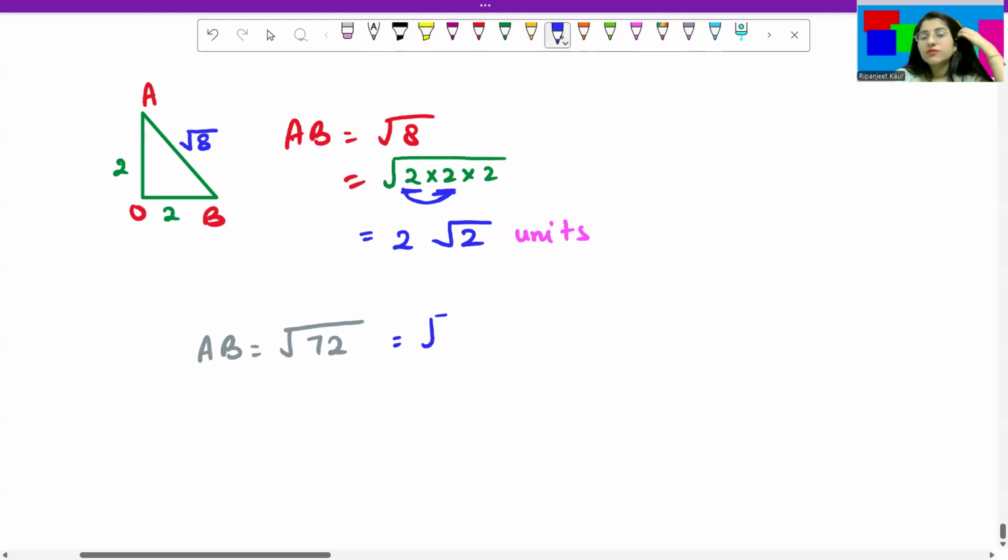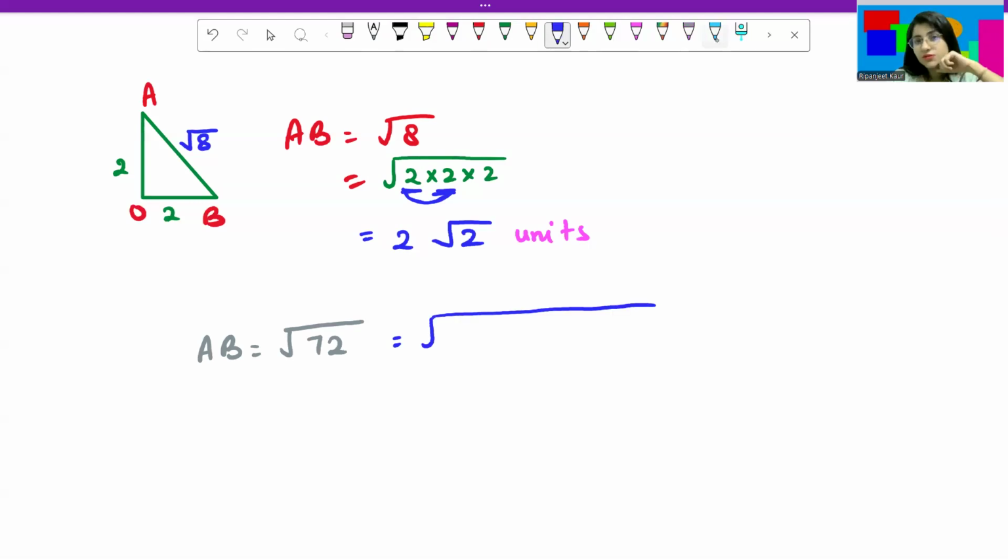So first, we will have to break it down into prime numbers. So 72, when we solve it with the short division. What is the smallest number that we can divide 72 with? 2. Then what do we get?